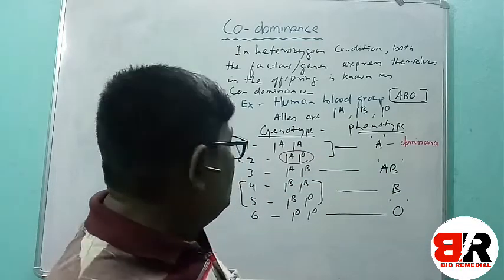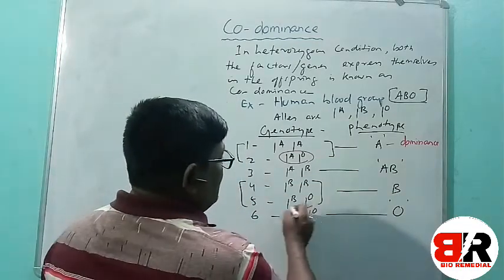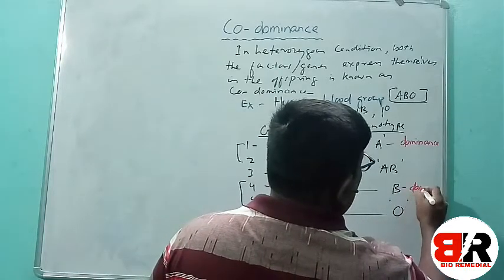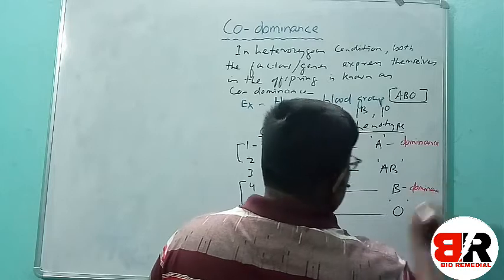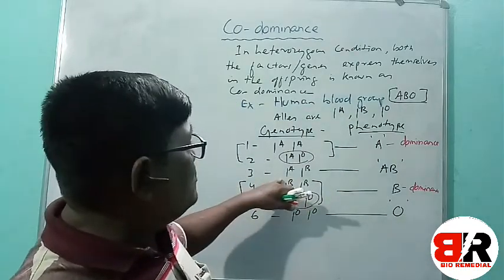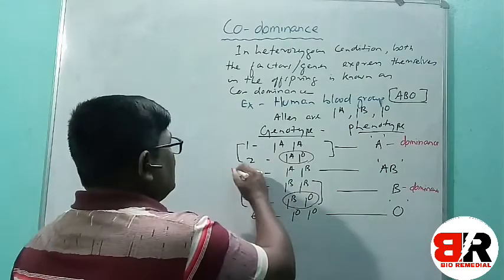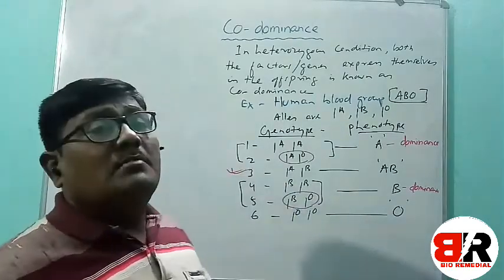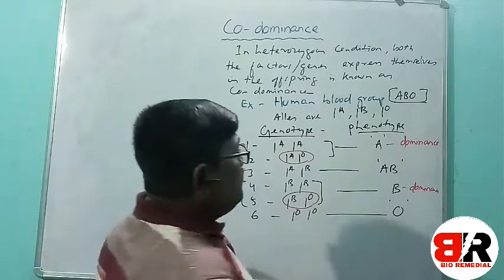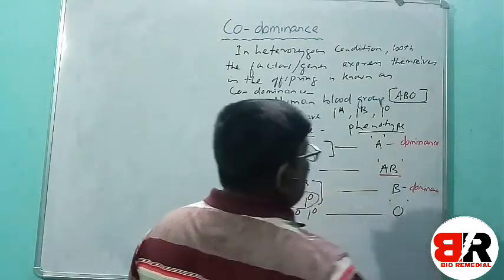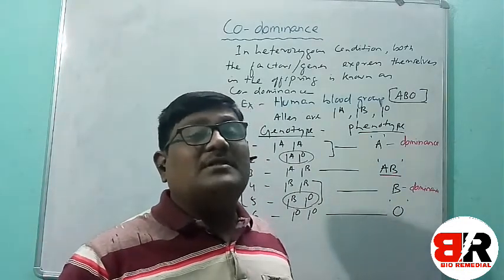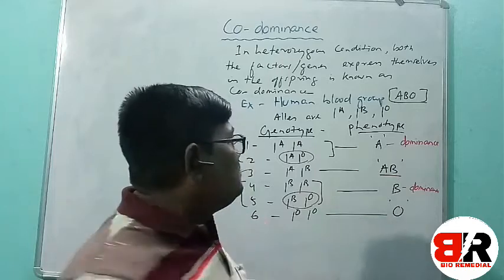Here also understand IB and IO heterozygous condition gives B blood group, which is dominance. But in the heterozygous condition of IA and IB, both give AB, meaning A also expresses, B also expresses, that means A and B express together.